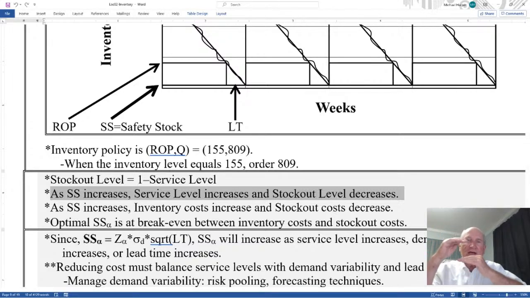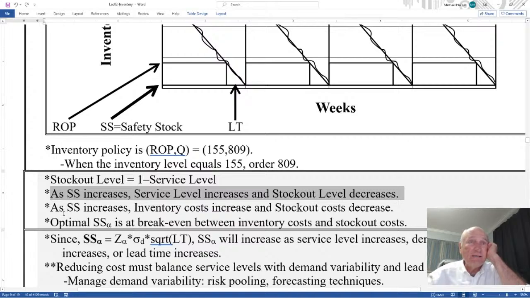If you have no safety stock, the probability of stocking out is pretty high. But if you have a million items in your safety stock, the probability of stocking out is almost 0.